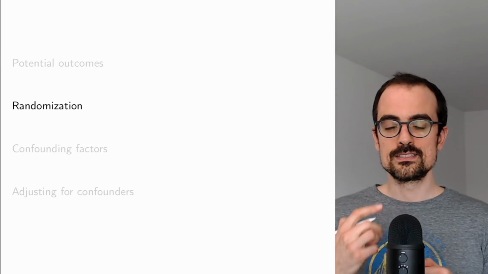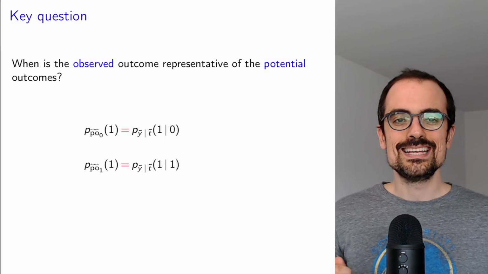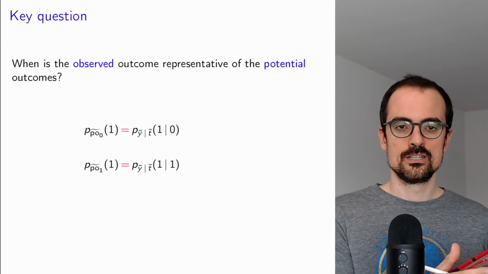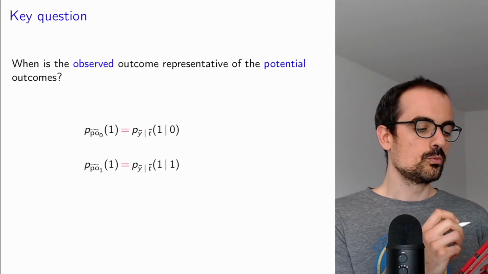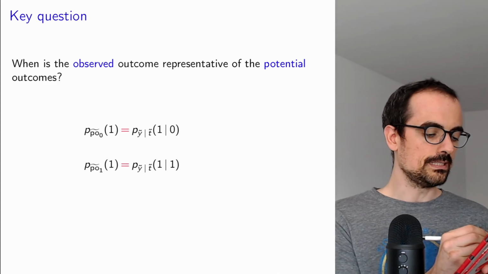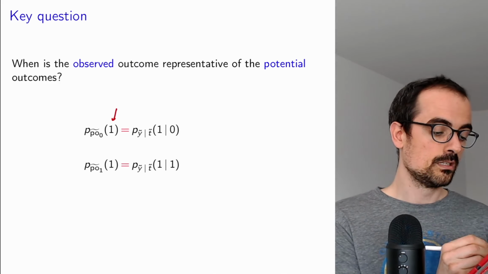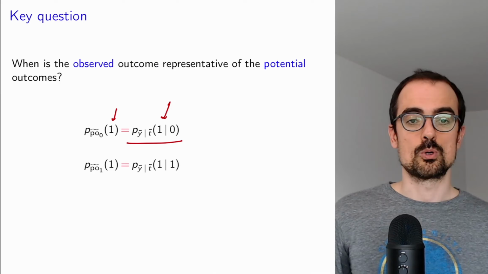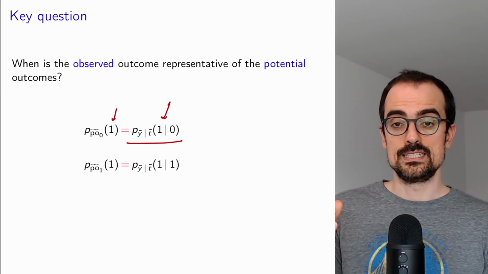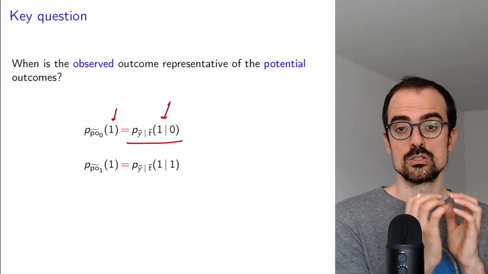How do we avoid this? We can avoid this through randomization. So here the key is that when we see the observed outcome, we would like it to be representative of the potential outcome. If we look at the probability that the potential outcome associated with no treatment is equal to 1, we would like that to be equal to the probability that the observed outcome is equal to 1 within the control group, within the people that were not treated.